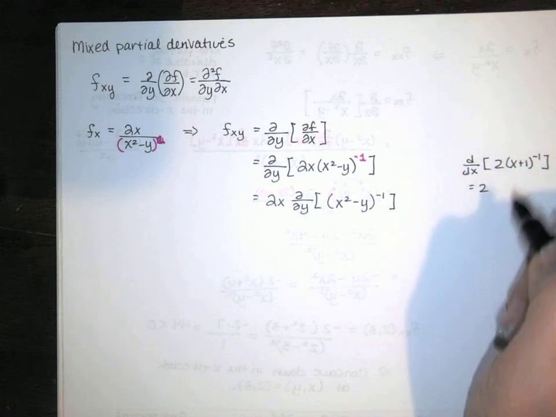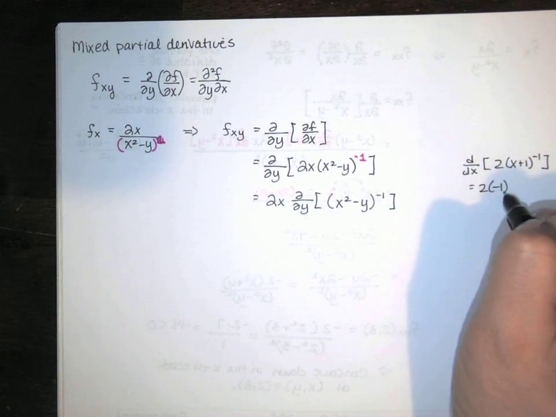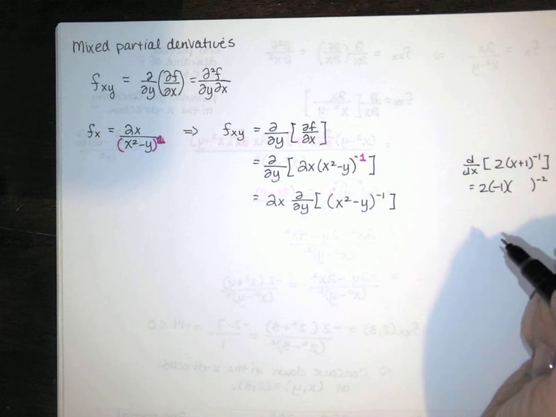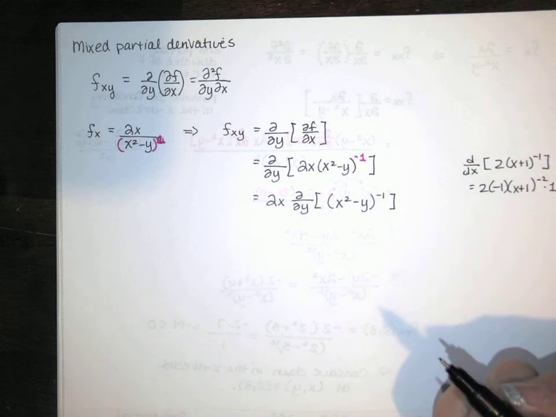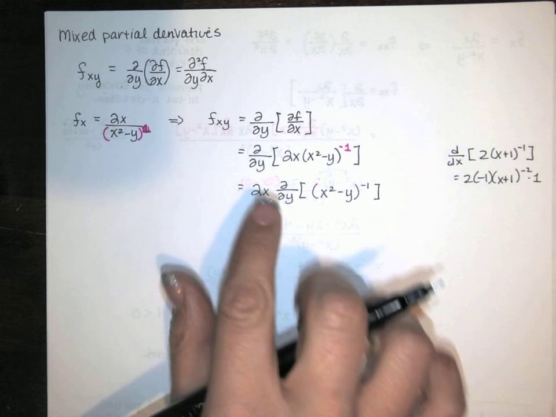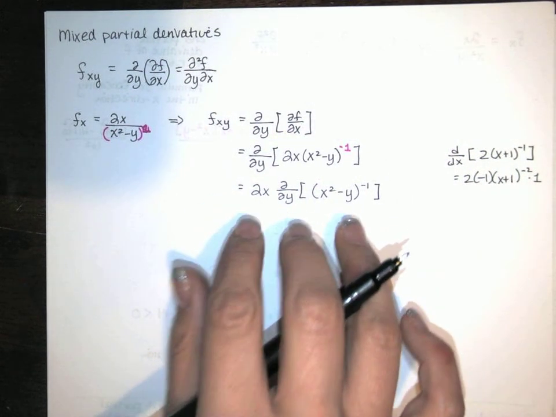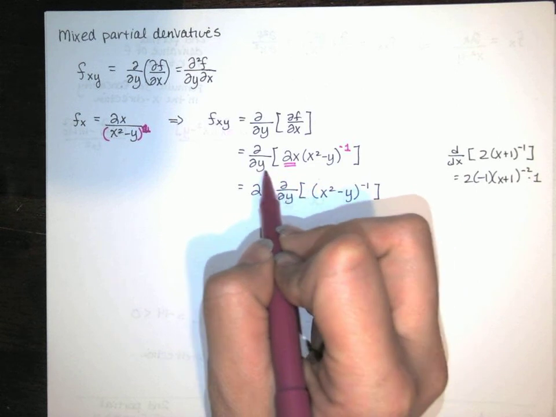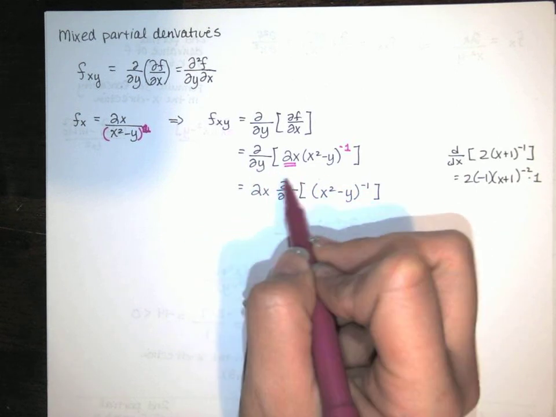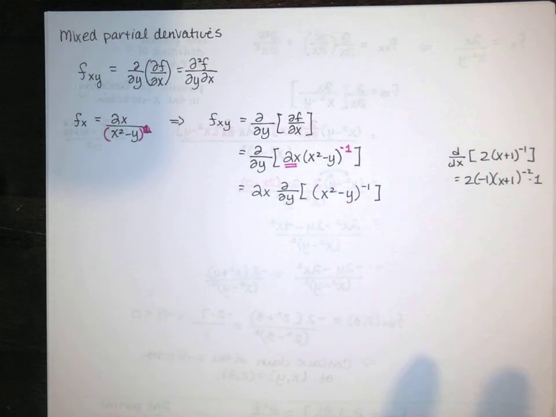And then I would take the derivative of this part. I'd get negative 1 times my inside function to the negative 2 times the derivative of the inside, which happens to be 1. That's a Calc 1 derivative. This is the same. It looks different, but it's the same. There's no y in this. These variables don't match, so that's a constant. Pull it out just like you pulled out the 2.